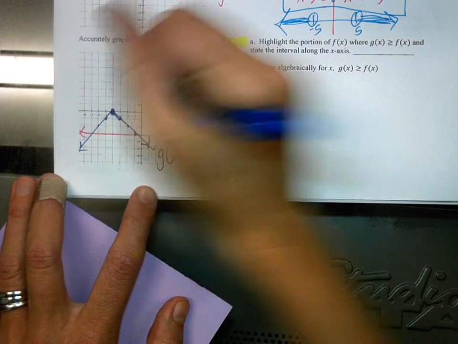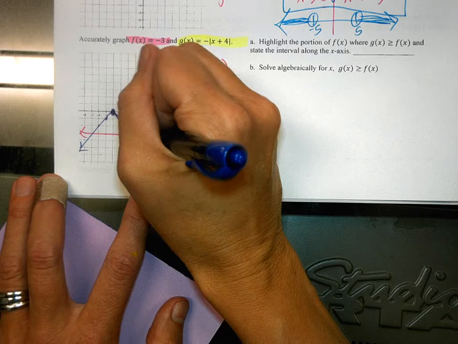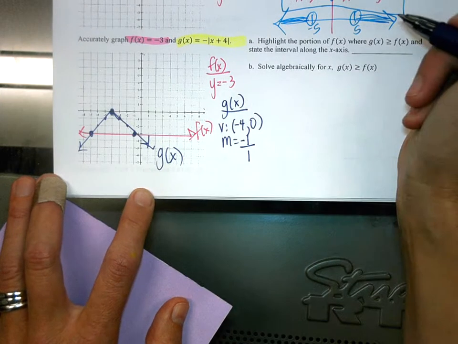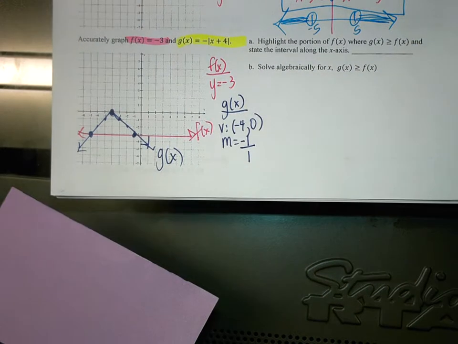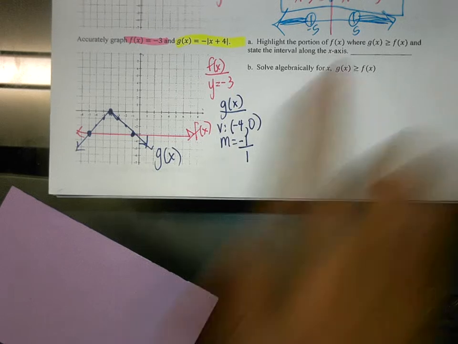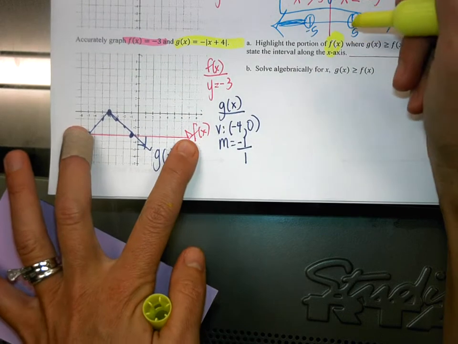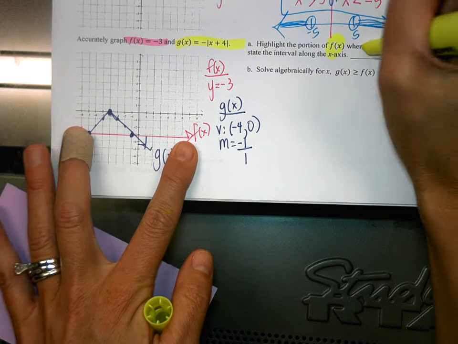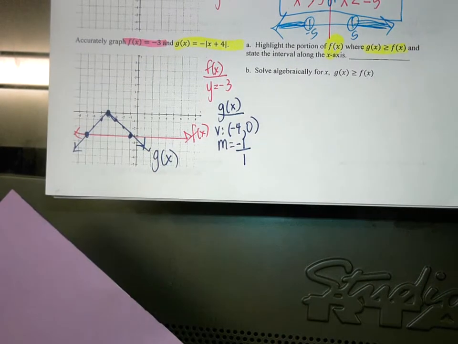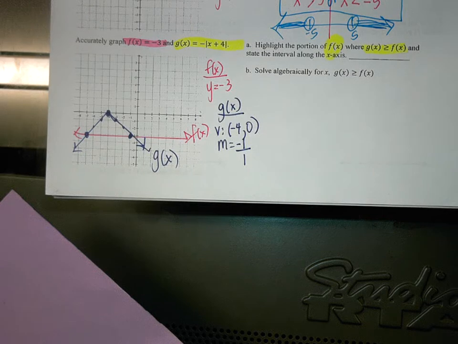Again, we want to notice our points of intersection. This one says, highlight the portion of f of x, so again, we're highlighting this straight line right here, where g of x is greater than f of x. So where is g of x above f of x? Is it on the sides or is it in the middle?